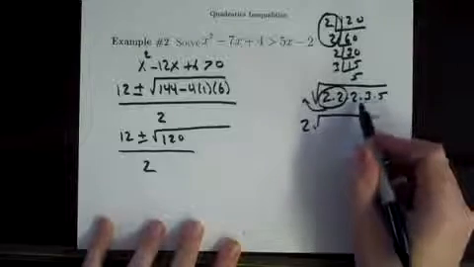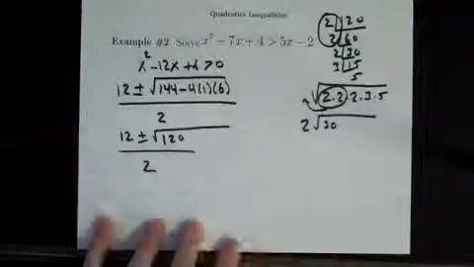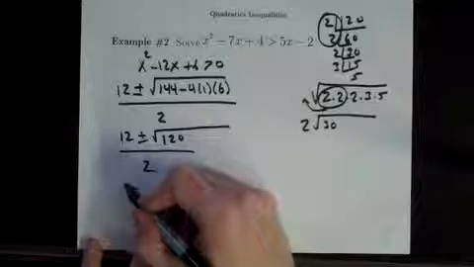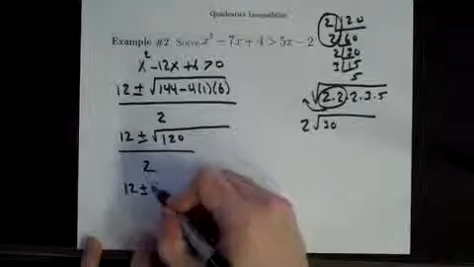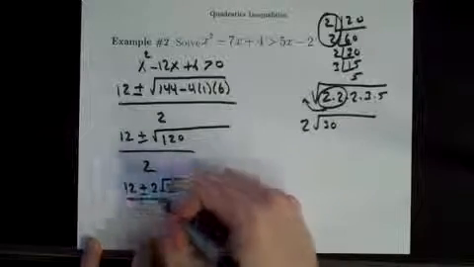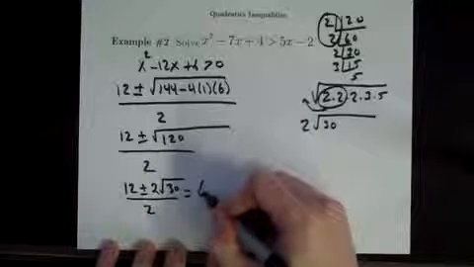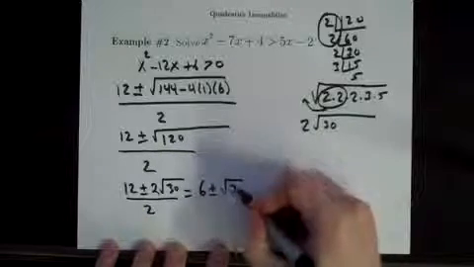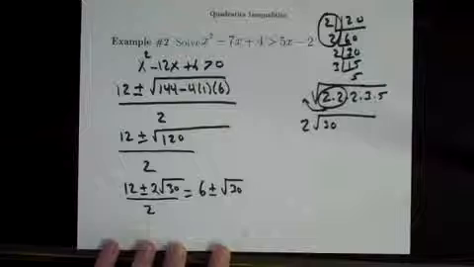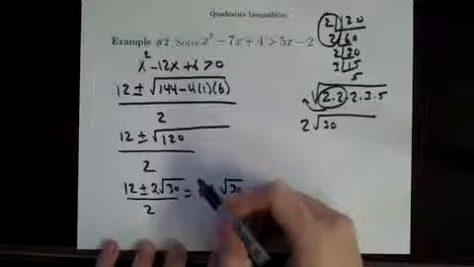And what you're left with is 6 times 5, or 30. So 6 plus or minus root 30. Root 30 cannot be simplified.